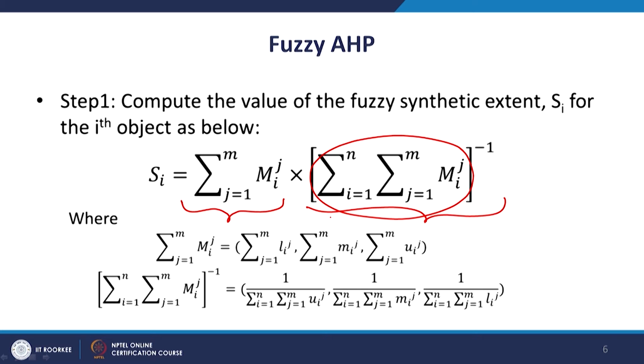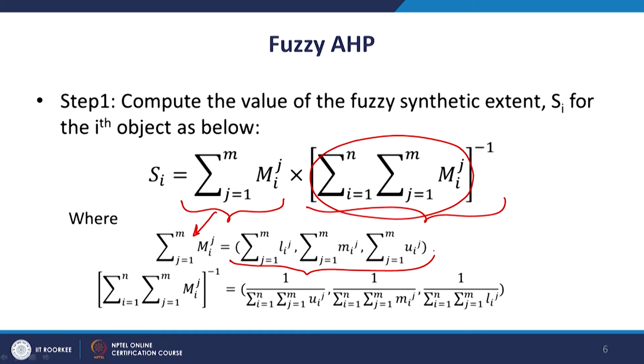Now that we are already familiar with the fuzzy algebraic operations, how is this going to be computed, because all these numbers are going to be TFNs. If we look at the first expression, it can be computed like this.